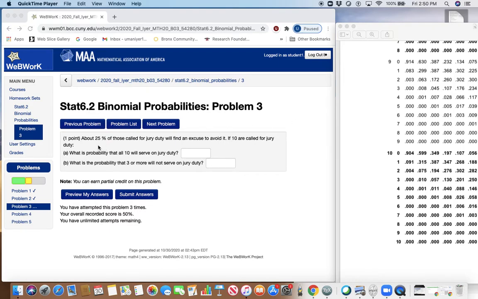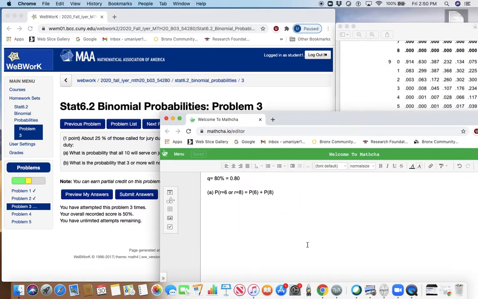6.2 problem 3. About 25% of those called for jury duty will find an excuse to avoid it. What does that mean? Probability of success is 0.25. Alright, so let's write this down.